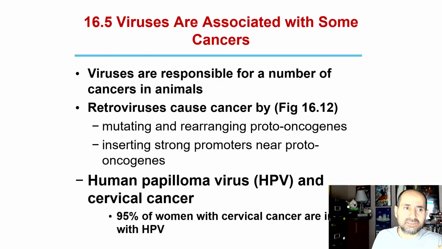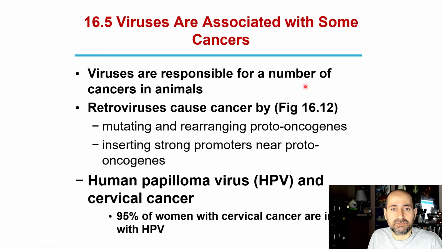And like I said earlier, viruses can give you cancer. Viruses are responsible for a number of cancers in animals and in people. Retroviruses, for instance, cause cancer by mutating and rearranging your proto-oncogenes. Remember, proto-oncogenes are your normal genes that when misregulated or mutated can cause cancer, right?